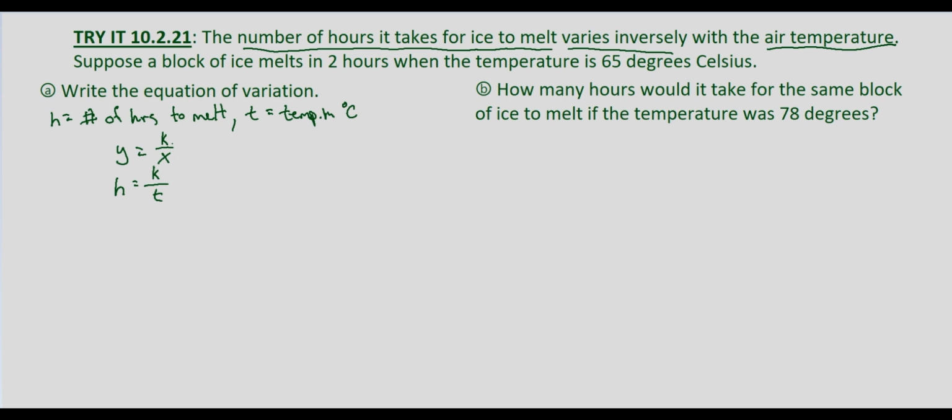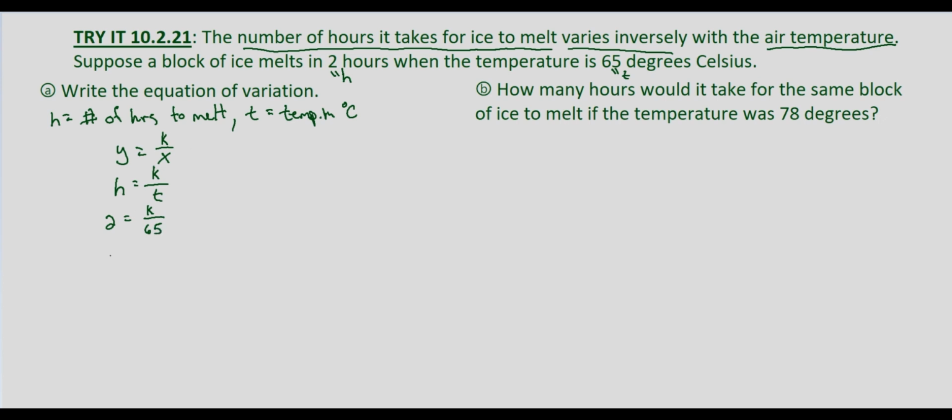Now we're given H is 2 hours when the temperature is 65. So T equals 65 degrees Celsius. So we substitute those into the equation that we set up, and we get 2 equals K over 65.